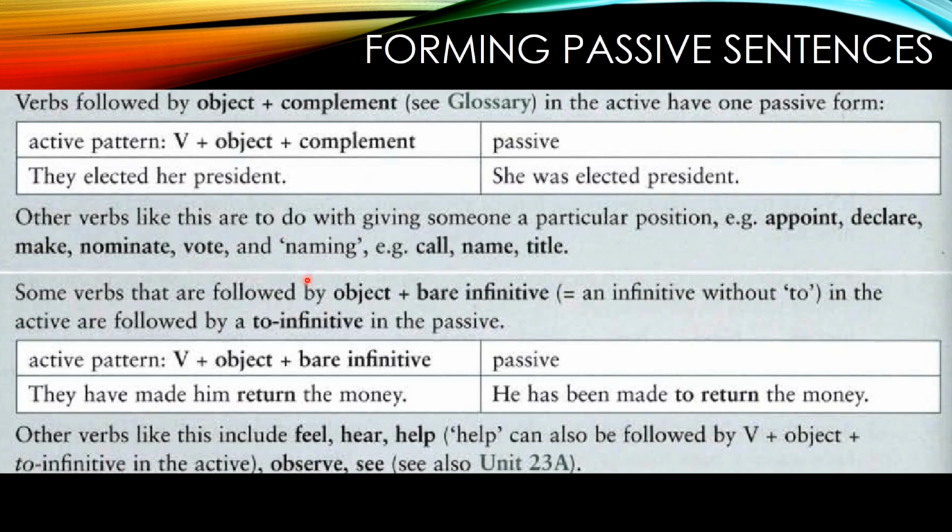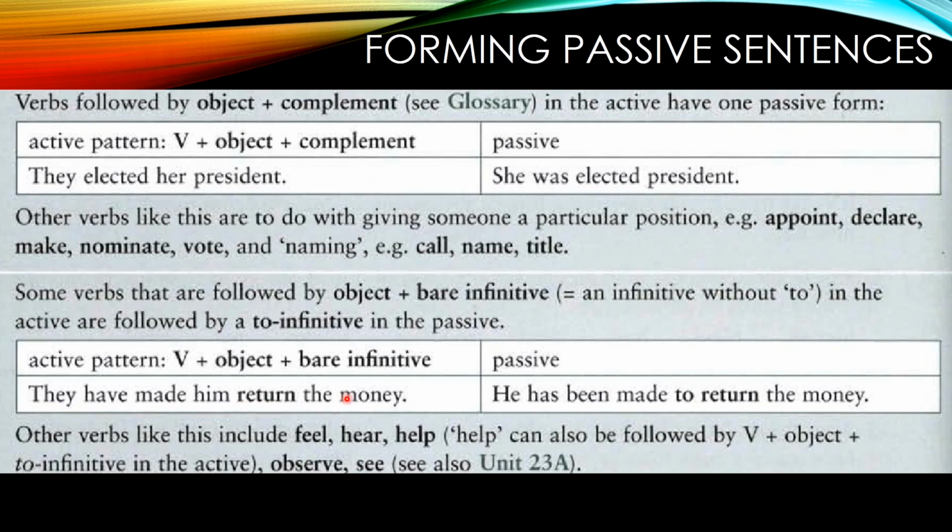Some verbs that are followed by object plus bare infinitive, so that's an infinitive without to, in the active, are followed by a to infinitive in the passive. It's like they have made him return the money. So according to the rules of the infinitives, we do not use particle to, so we can't say they have made him to return the money.